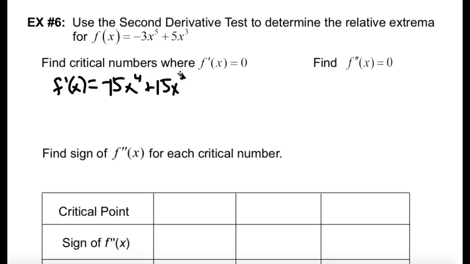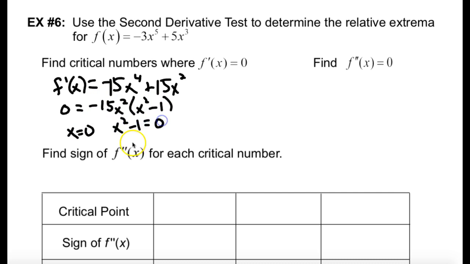All right, so now we want to set that equal to 0, and I can factor out a negative 15x squared. When I do that, I'm left with x squared minus 1. So let's see, if I set this equal to 0, I'll get x equals 0. And if I set x squared minus 1 equal to 0, this will get me positive and negative 1, right?